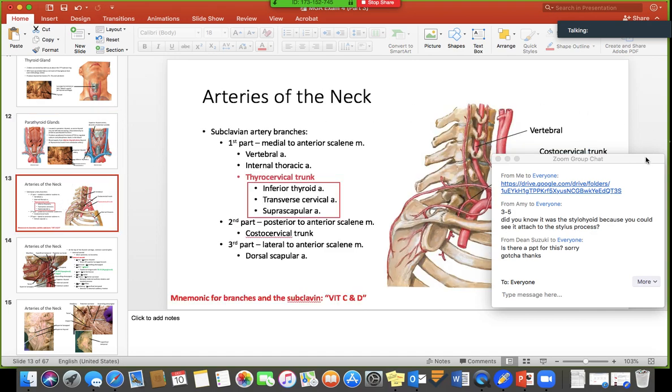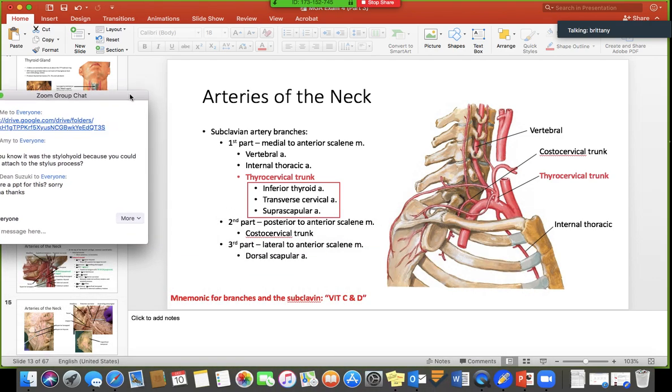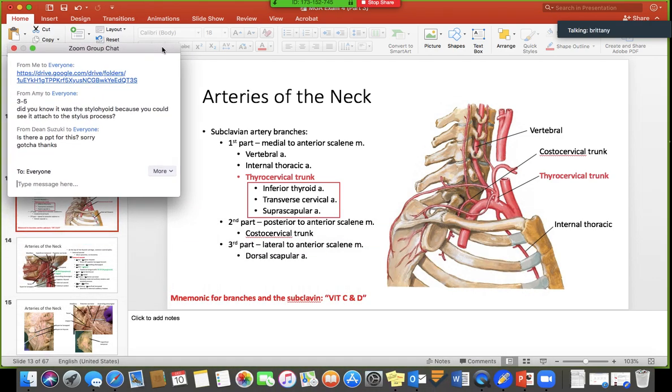Okay, so arteries of the neck. I would know this. The mnemonic that I use for the branches of the subclavian is vitamin C and D, and I think you've learned a lot of this already.